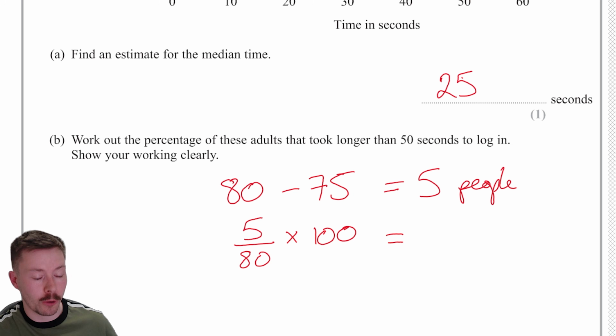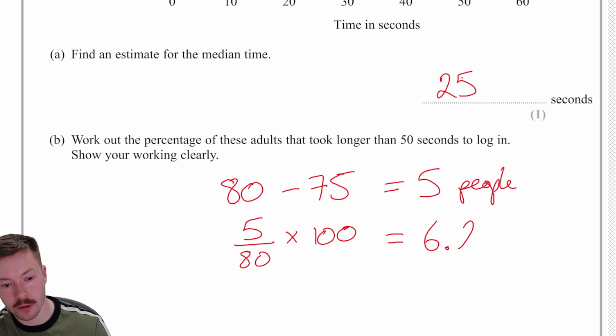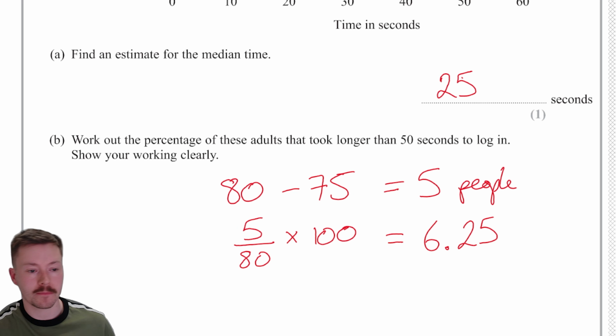So 5 divided by 80 times 100 is 6.25%. And we shouldn't have to round that because it doesn't say in the question to round to 1 decimal place or anything else. So the fact I've got a whole number gives me confidence that that's correct.